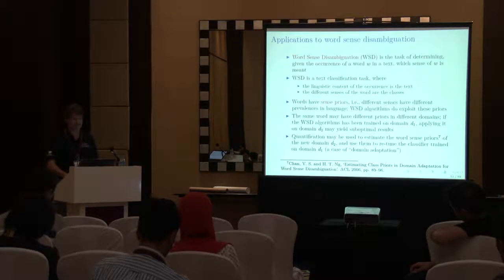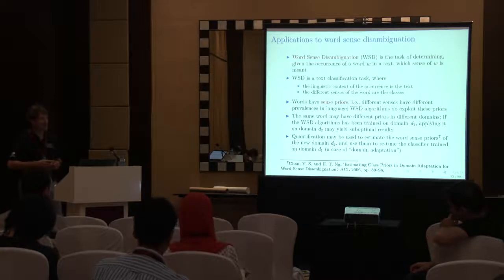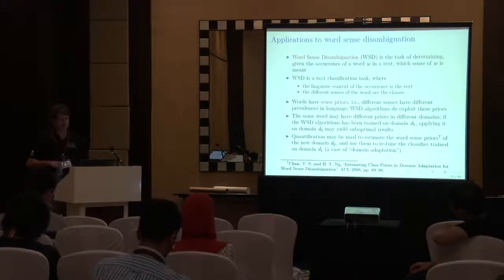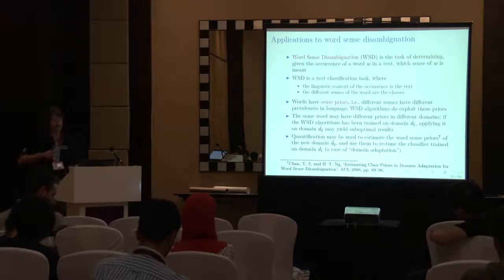You might have said, when are we going to see some applications for NLP? So this is one classic application for NLP, word sense disambiguation. We all know what word sense disambiguation is: the task of determining, given a certain occurrence of a word W in text, which sense of W is meant.